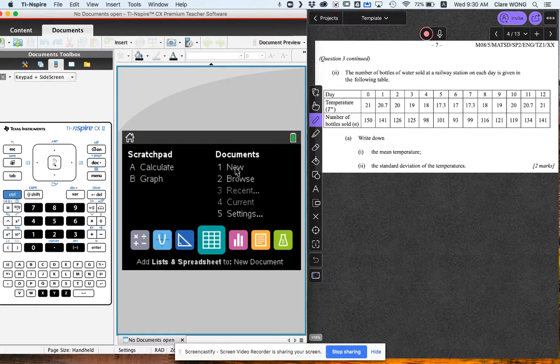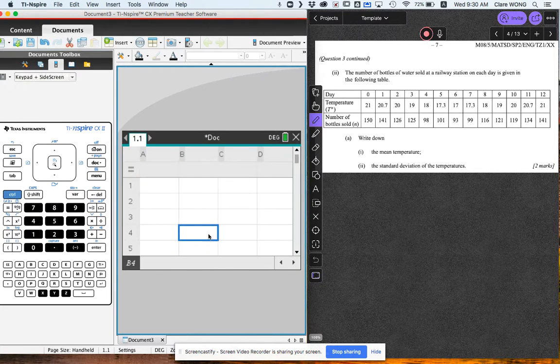Now, I need a new spreadsheet. This time, I need to have it labeled clearly. Well, let's read the question. What do we need? We need the mean temperature as well as the standard deviation of the temperature. So we only really need one column, and then you enter the rest.